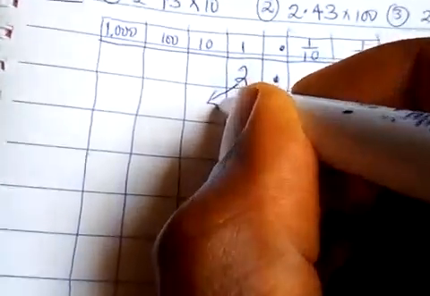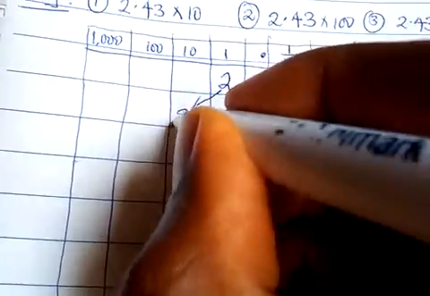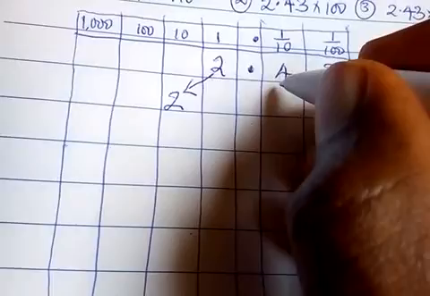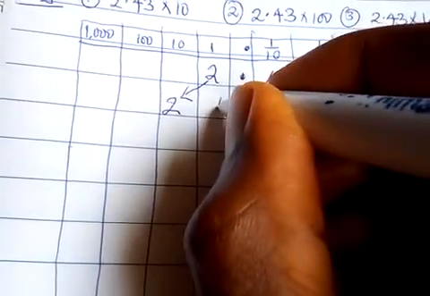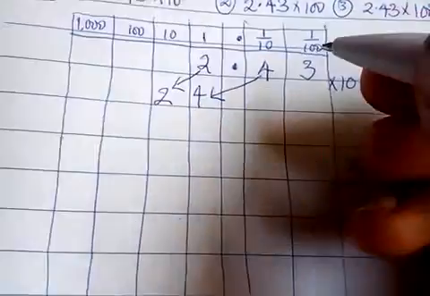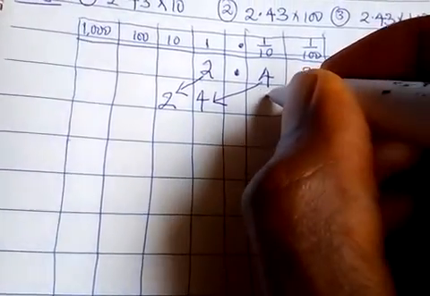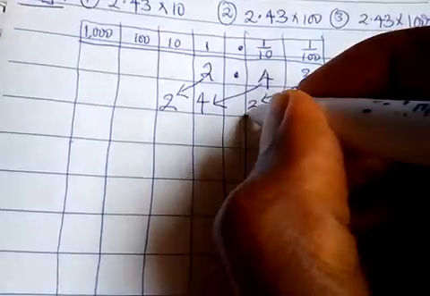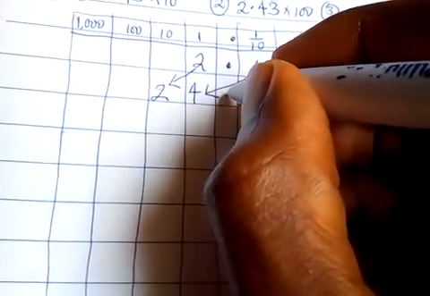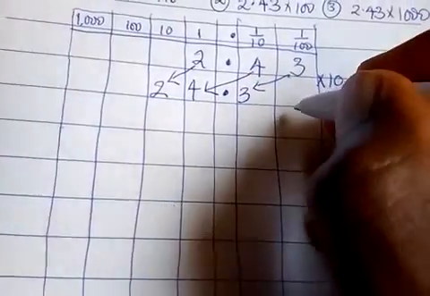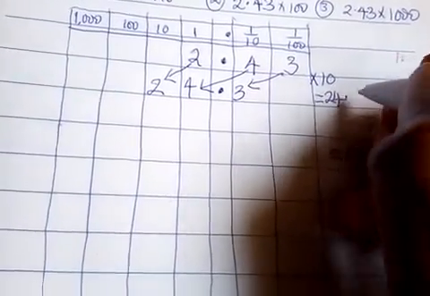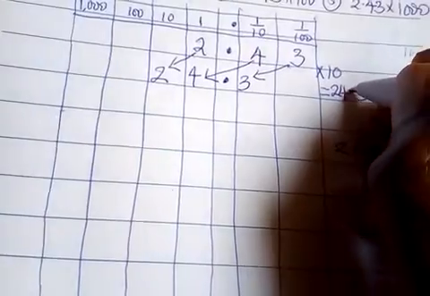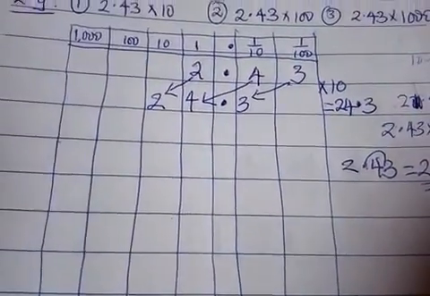So 2 comes here, then 4 comes here, then 3 comes here. So your answer here is what? 24.3. I hope you get that.